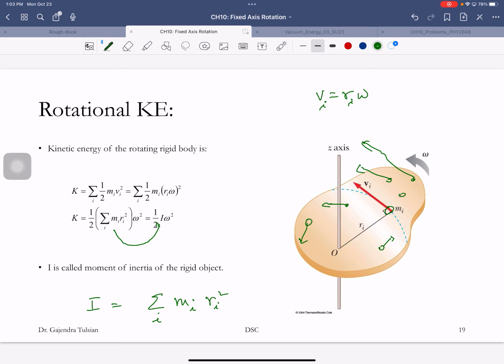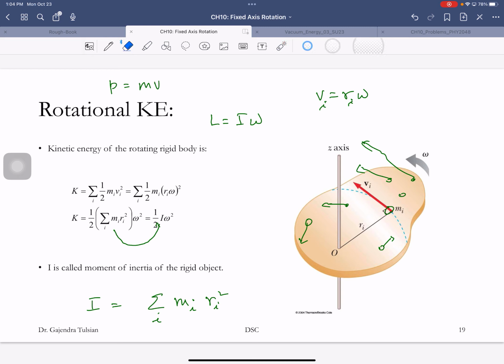Anybody remember the formula for linear momentum? Mass times velocity. So we will define something called angular momentum next chapter, which is I times omega. Mass gets replaced by I, and v gets replaced by omega. So now you'll understand something. If there's a mass distributed about the axis of rotation and you bring it closer, I can be reduced.